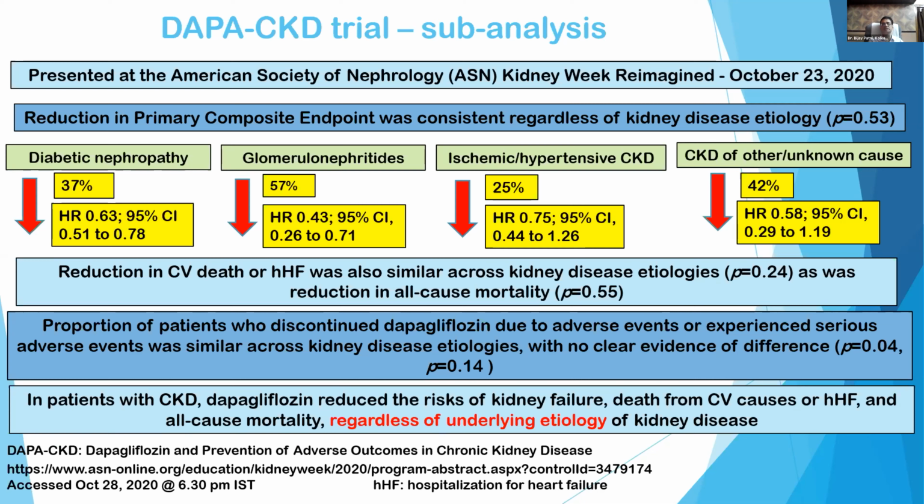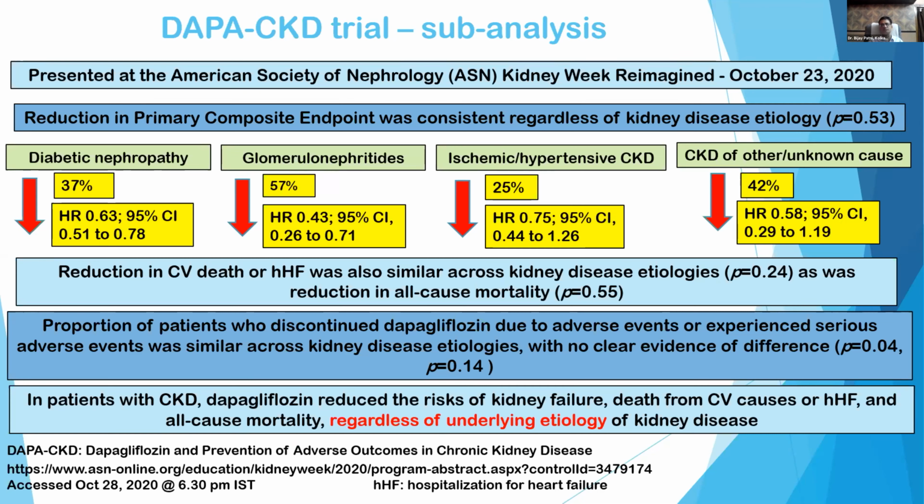And this was the analysis which was presented at the American Society of Nephrology in October 2020, where it clearly said the reduction in the primary composite endpoint was consistent regardless of the kidney disease etiology. Whatever the etiology, it showed a consistent primary composite endpoint reduction.